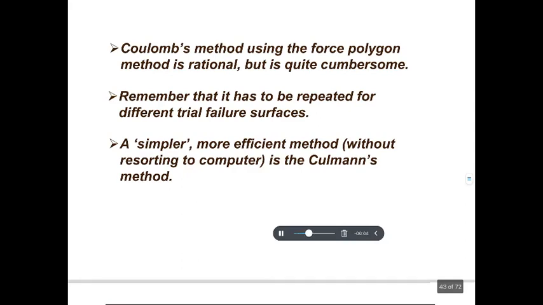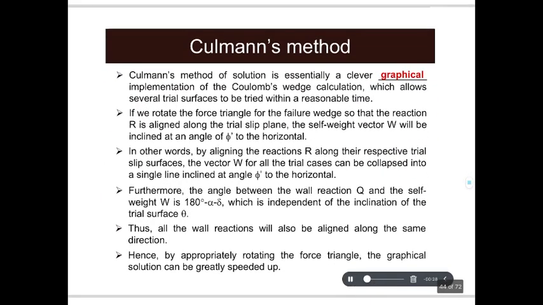A simpler and more efficient method has been developed by Culmann. Culmann used a graphical method to solve the Coulomb wedge problem, and his solution is much faster compared to the Coulomb force polygon method. This topic is not going to be tested in the assessment, so I will leave it to you to have a look at how to use this graphical method. If you have any problem, you can just contact me. I will try to explain to you.